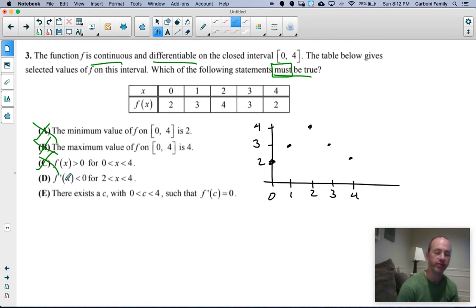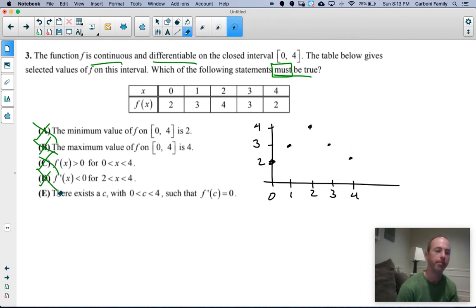If the derivative is negative, that means your function is decreasing, and from 2 to 4, we do have an overall decreasing trend, but I don't have to be decreasing the whole time. I could start by increasing and then decrease. And then I could increase again at the end. We don't have to be decreasing the whole time. So that one's not true.